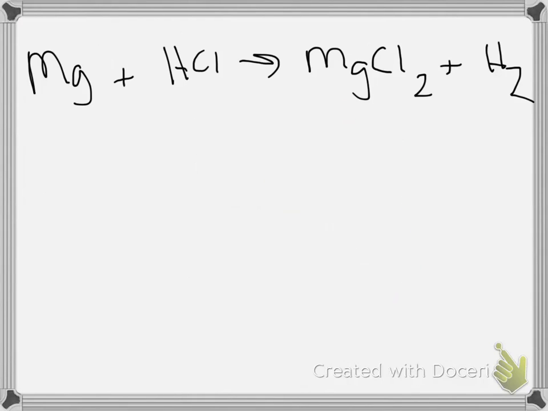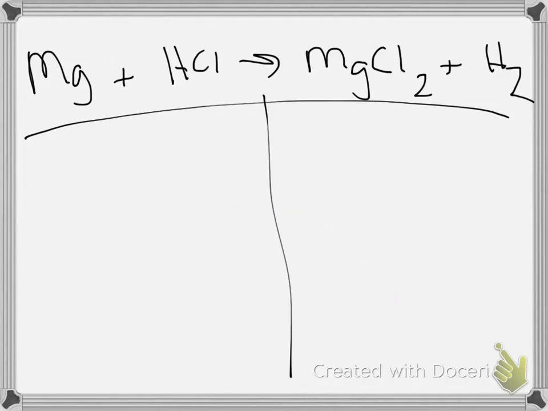A second example problem is magnesium plus hydrochloric acid forms MgCl2, or magnesium chloride, and hydrogen gas. So I make my T-chart. I copy down my reactants.